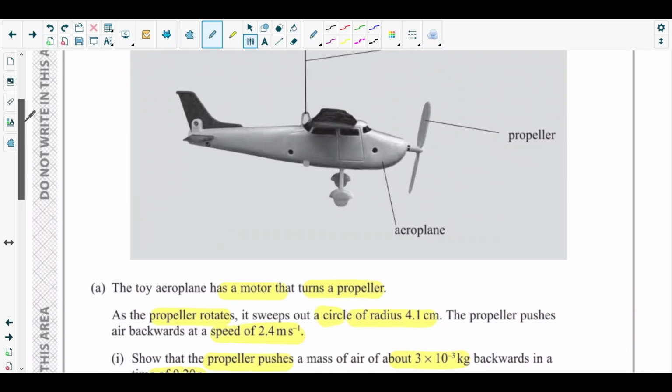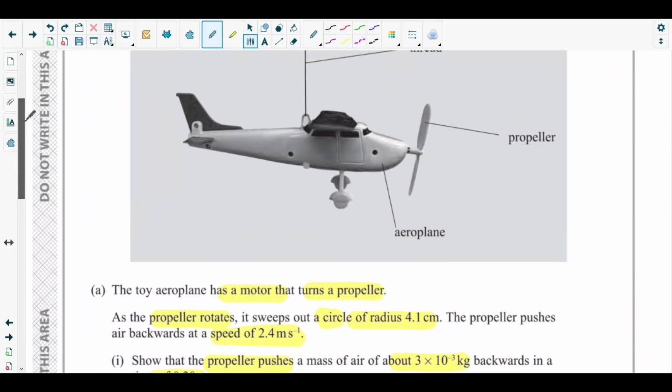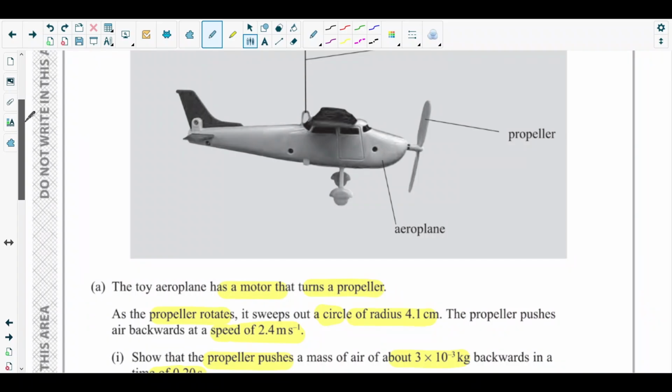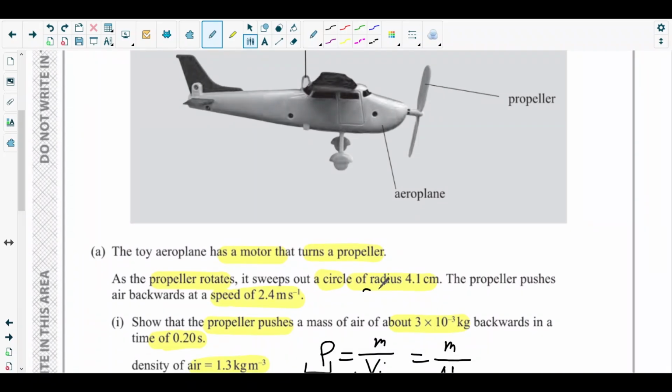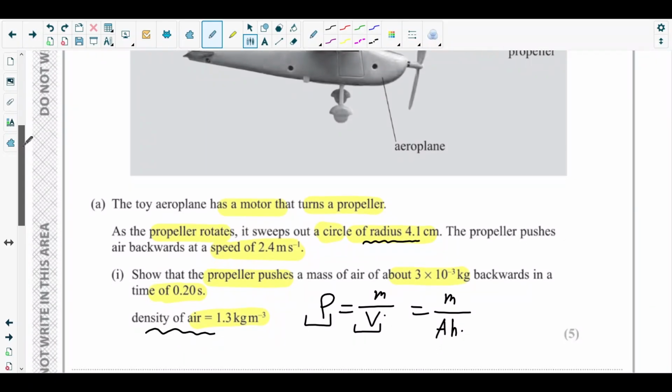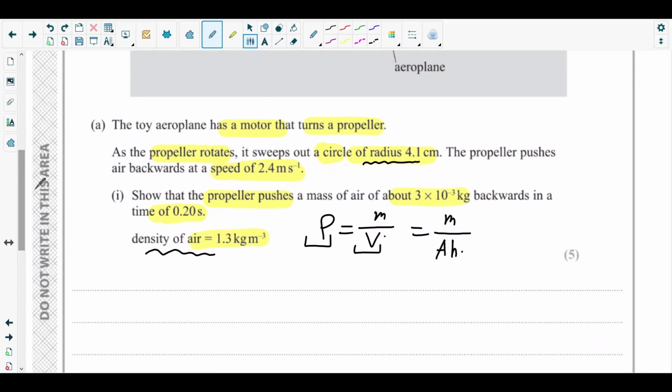The amount of air that it is sweeping out has a circular radius of 4.1 centimeter. So we can find the area of cross section using this radius. And the height, we don't know the height. To figure out the height, we can do one thing.